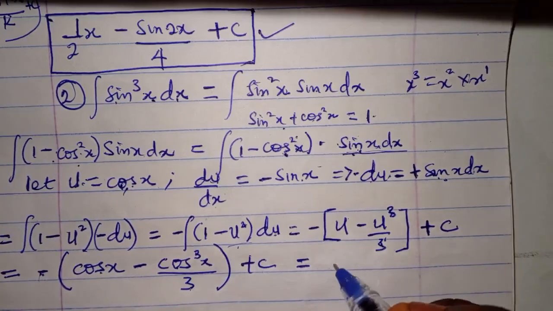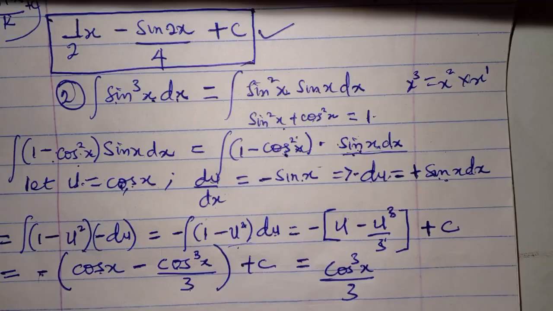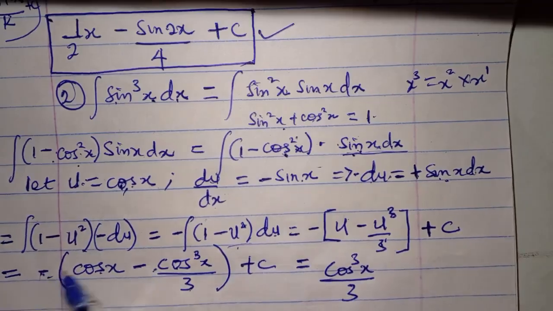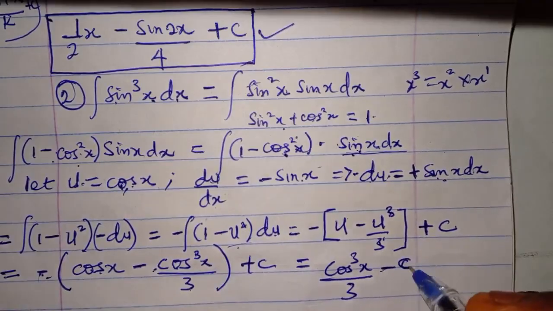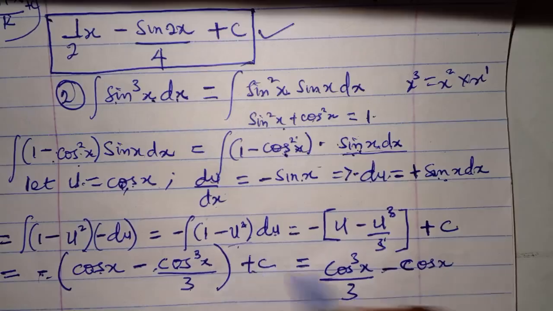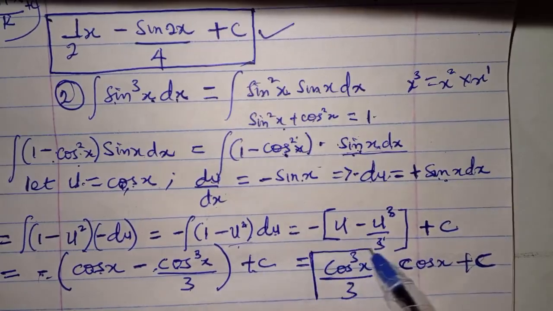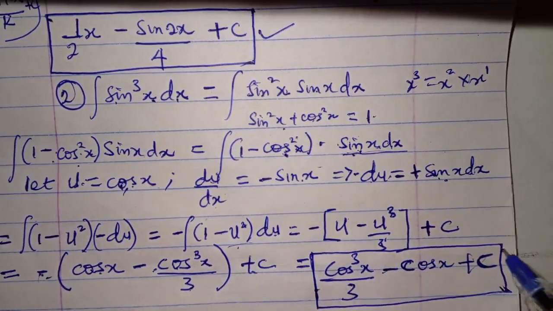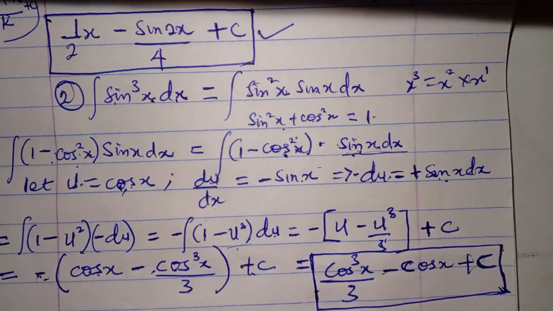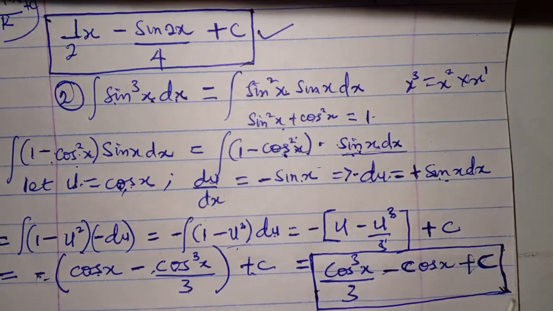So if I write the cos cubed x all over 3 first, because it is positive, and this minus cos x second, that will be minus cos x plus the constant of integration. This is the integral of sin cubed x dx.